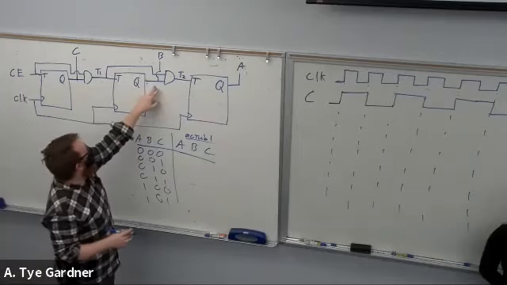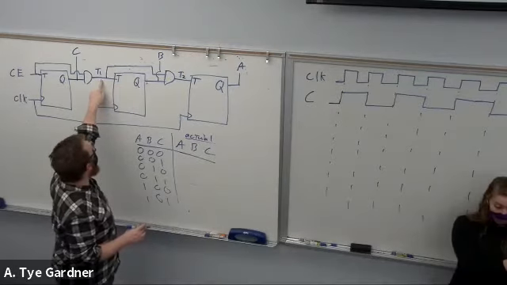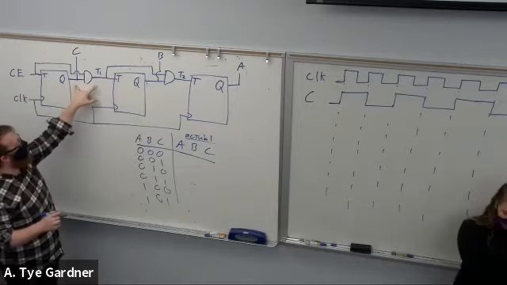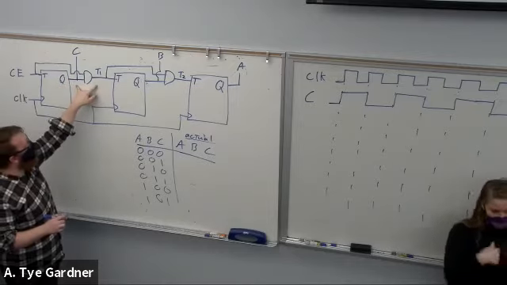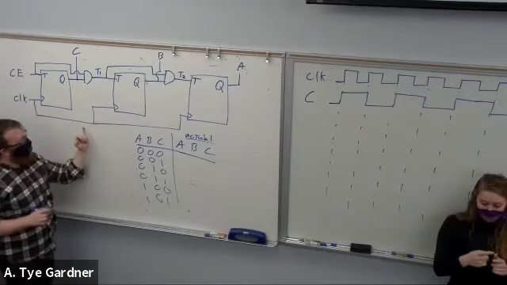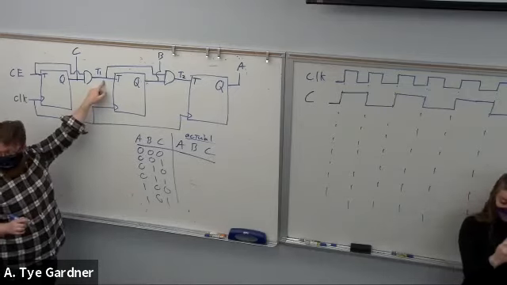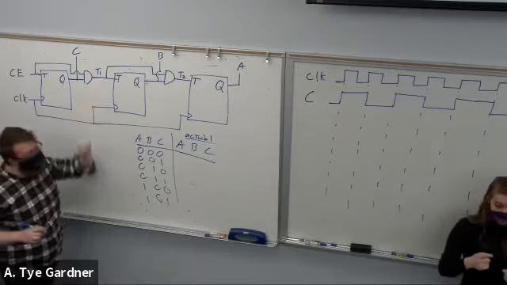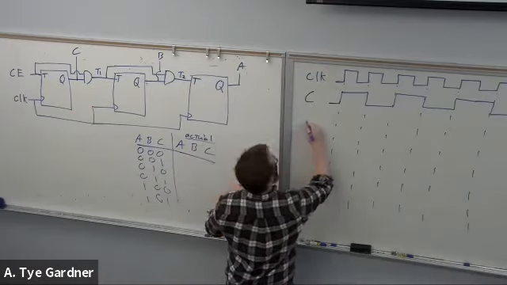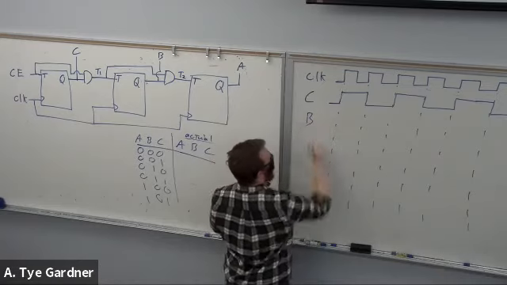All right, now let's look at B. Well, T1 is now C, right? T1 and C are equal, so I'm not going to write T1. And I have the rising edge of clock. So if I have a rising edge of a clock and C is 1, then I'll toggle. And this is going to be B as a result.